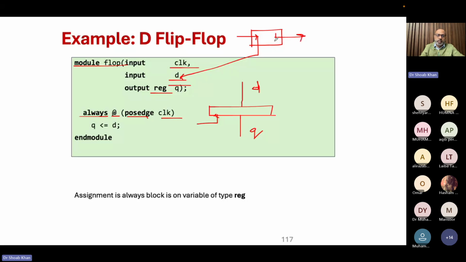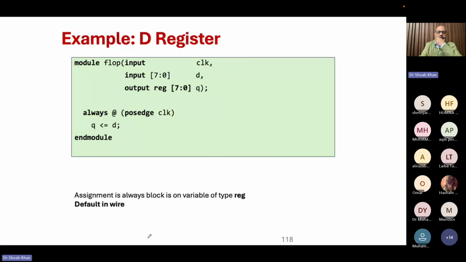If the assignment you are making is in the always block, then it will be a reg, because you cannot make an assignment inside a procedural block on a wire. So you have a module and an endmodule, and this will infer a register.